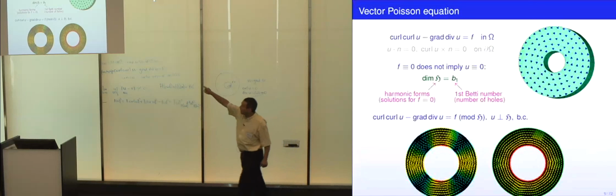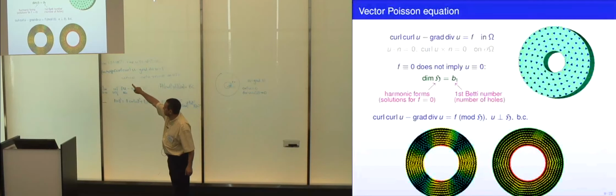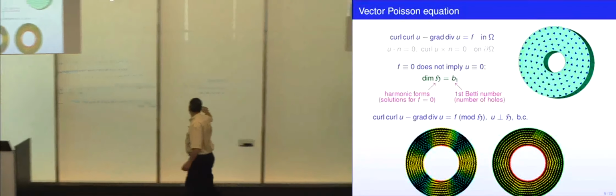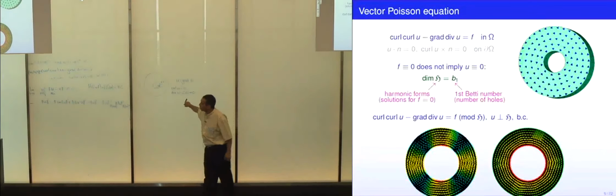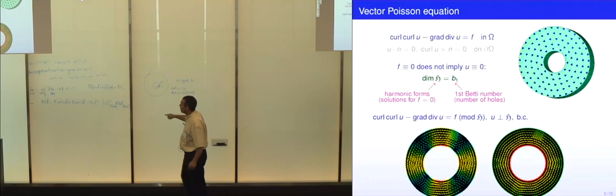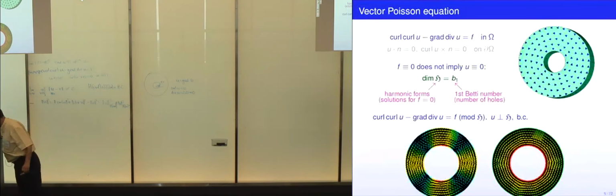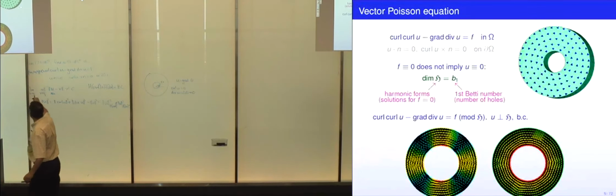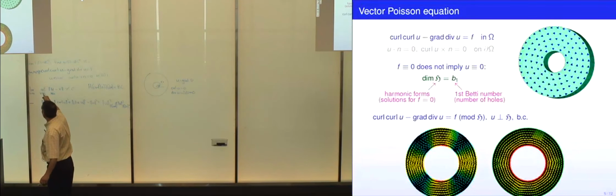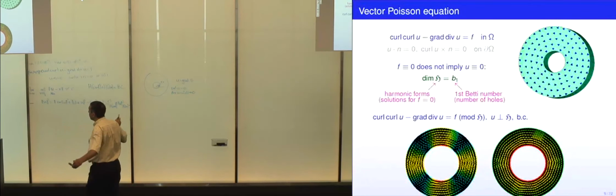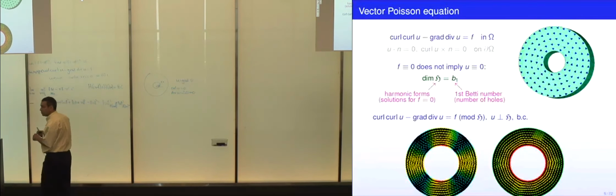So obviously, curl u minus grad div u is 0, because curl u and div u are 0. Also, you easily check the boundary conditions. In fact, there's a picture of gradient theta in the green annulus, and you can see that its normal component is 0 on the boundary, and its curl is 0 everywhere, so we get a non-zero solution.